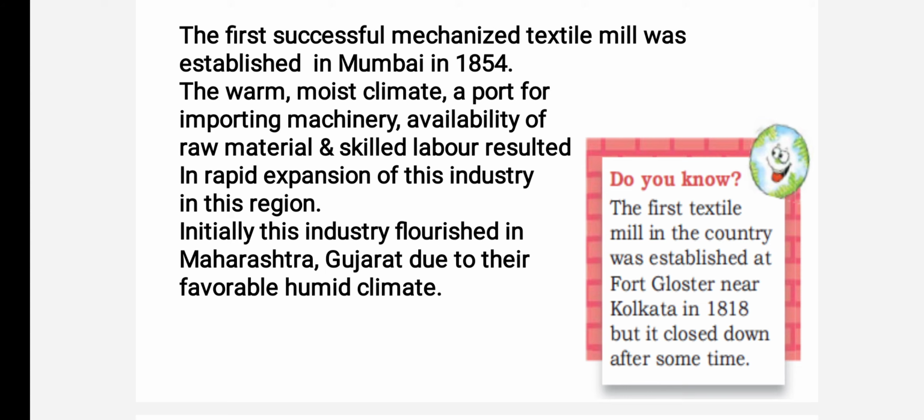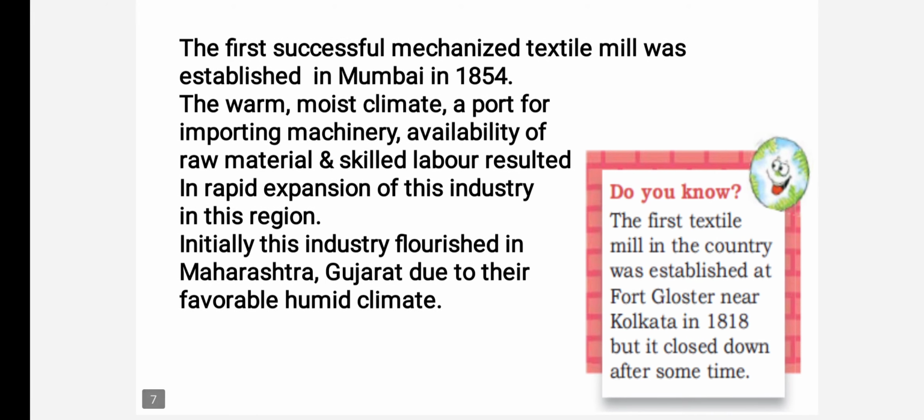Raw materials were also available at cheaper cost, and there was skilled labor too, because weaving cloth needs skilled labor. All these factors resulted in rapid expansion of the industry in that region.